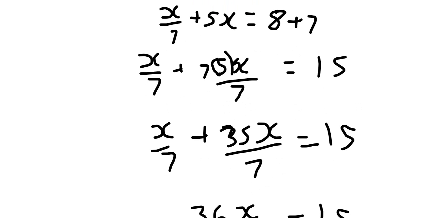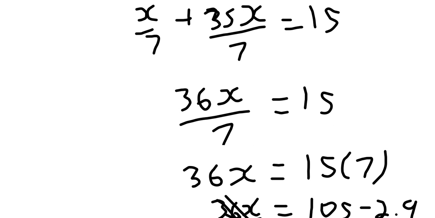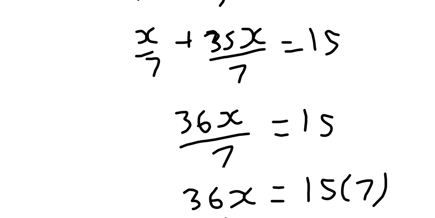So I've got x over 7 plus 35x over 7 is equal to 15. Now add those fractions. 1x over 7 plus 35x over 7 is 36x over 7. Then multiplied both sides by 7, divided both sides by 36, and you're left with x is equal to 2.9.